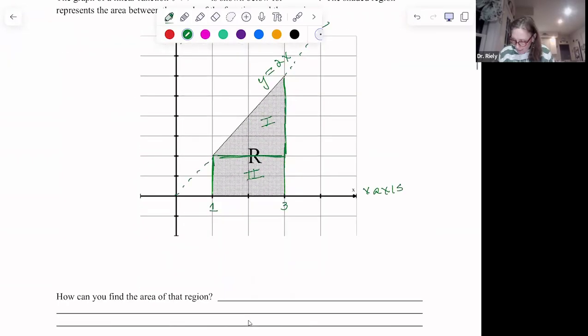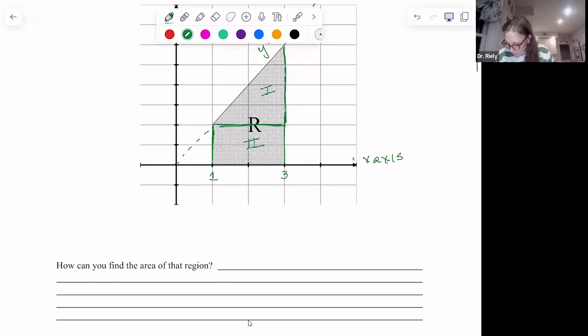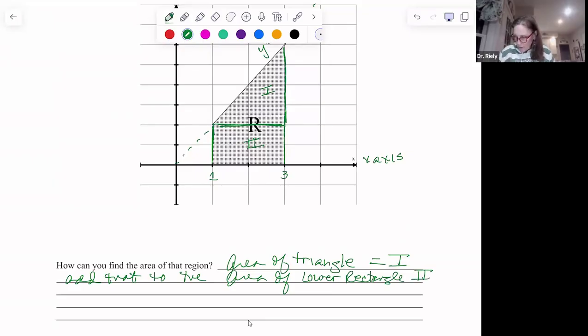So the way we're going to set it up, we're going to take the area of the triangle, which equals the first section, and then add that to the area of the lower rectangle, which will be denoted as 2.